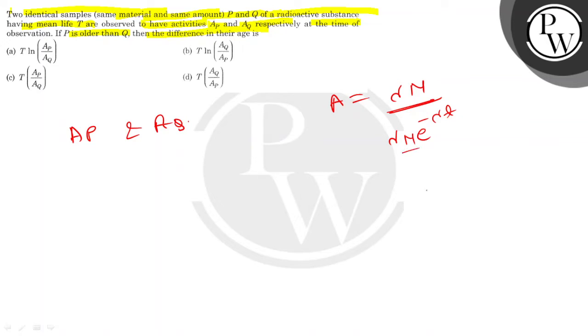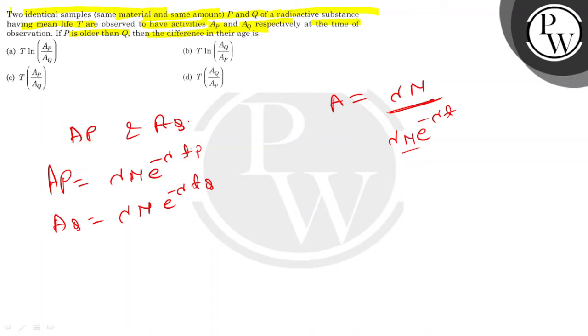Let's call this N. So AP is equal to lambda times N into e raised to the power minus lambda into tP, and AQ is equal to lambda times the same amount at the initial time, N, into e raised to the power minus lambda into tQ, where lambda is the decay constant.